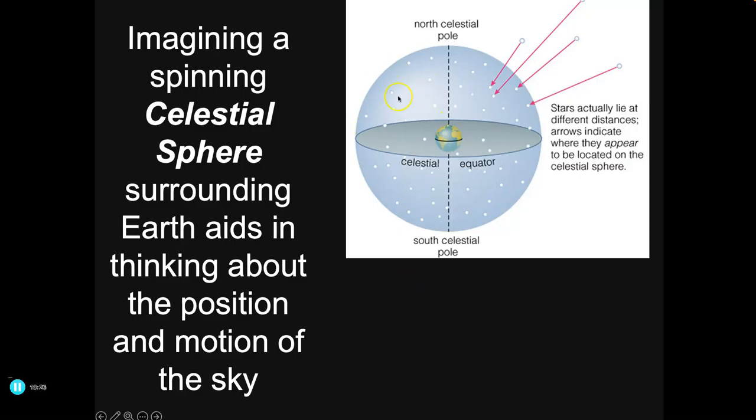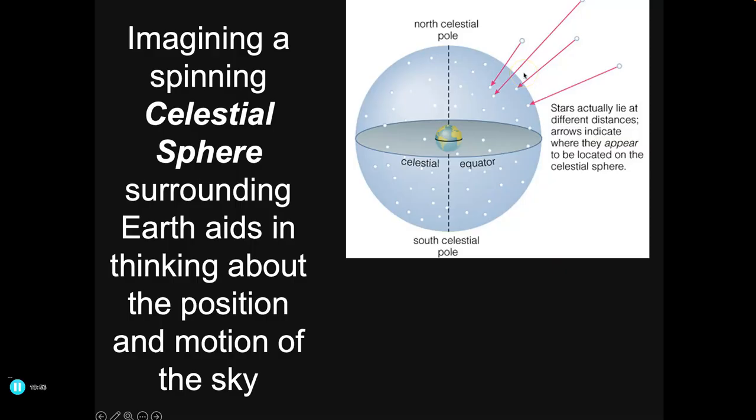What about the rest of the world? Well, if you're looking at the sky as viewed from everywhere on Earth, here's the Earth, and if everybody on Earth is looking out at the sky all at the same time, then the sky looks like this spherical shell hovering above the Earth's surface. This is not the real sky. The real universe is vast and three-dimensional, and some stars are in the foreground and some stars are in the background.